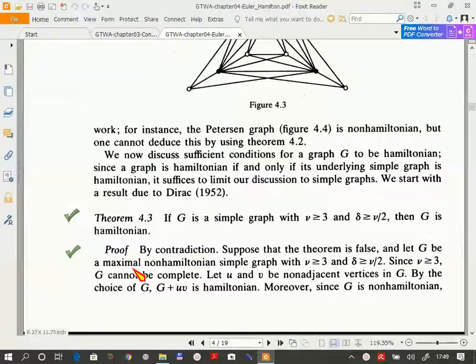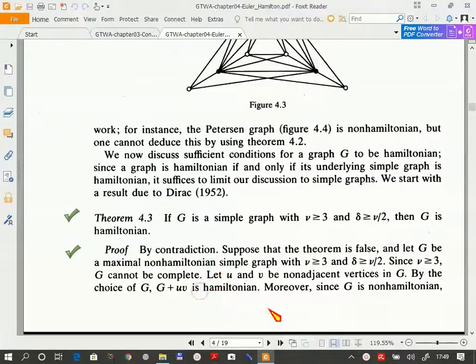Now let U and V be non-adjacent vertices, vertices which are not the ends of the same edge. Then, by this choice of maximality of being non-Hamiltonian, if you add even a single edge, then you get a Hamiltonian graph. Add this edge UV.